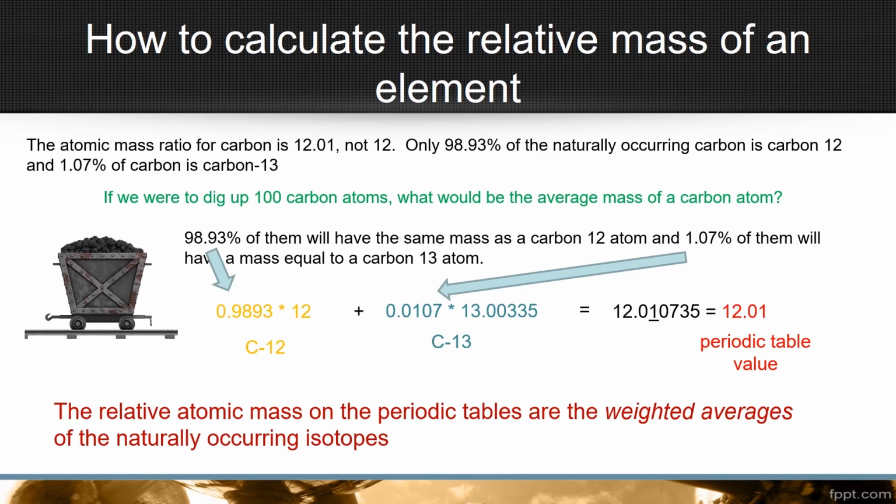So the relative atomic masses we find on the periodic table are actually the weighted averages of the naturally occurring isotopes for that atom. Bottom line, the number typically found below the element symbol on the periodic table represents the weighted average mass of a naturally occurring carbon atom and can be interpreted to be the mass, in grams, of 1 mole of the element when you dig it up from nature.